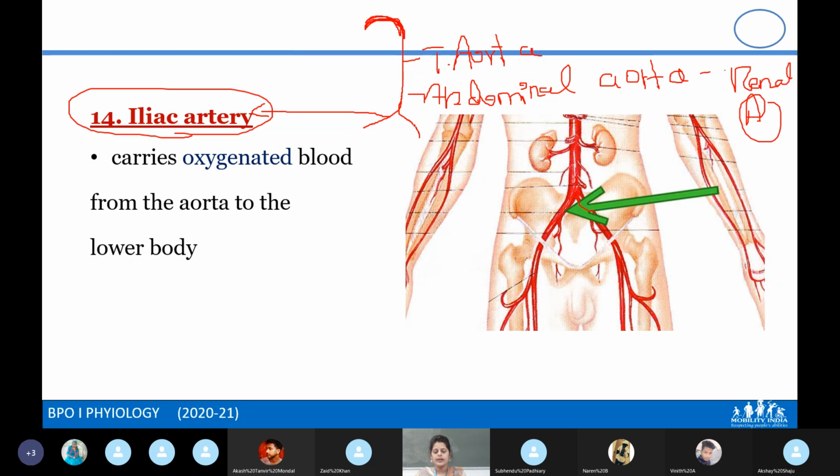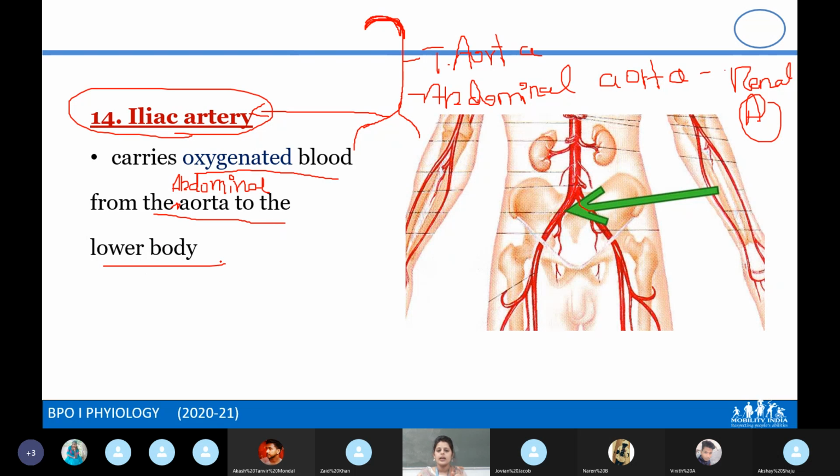There are two iliac arteries, carrying oxygenated blood from the abdominal aorta to the lower part of the body.